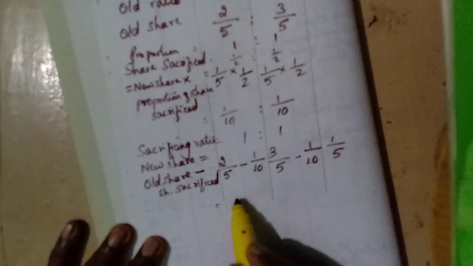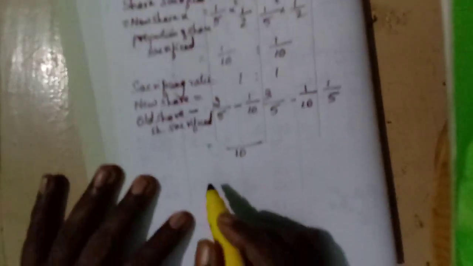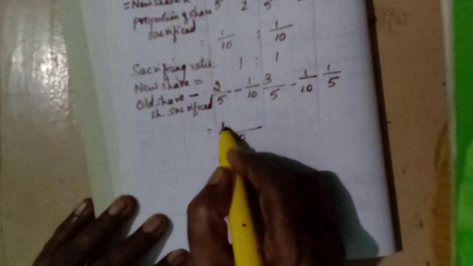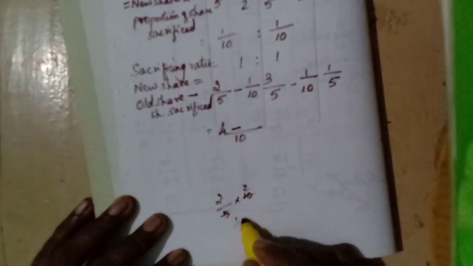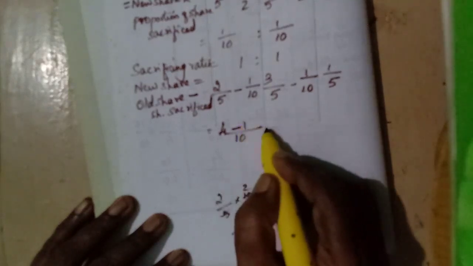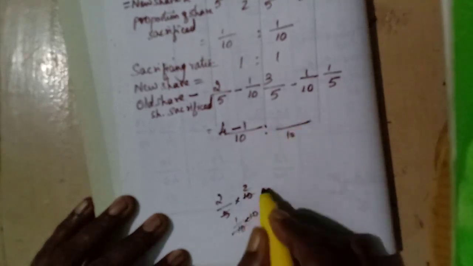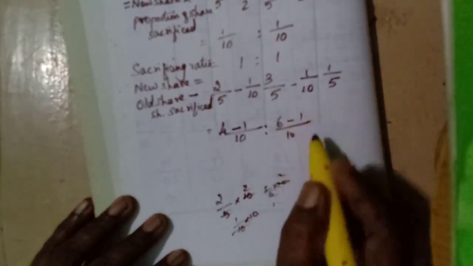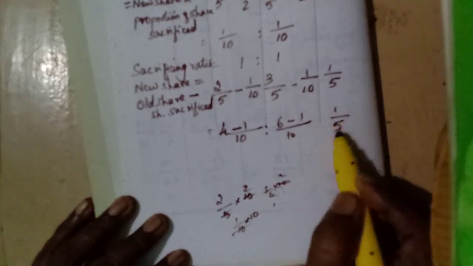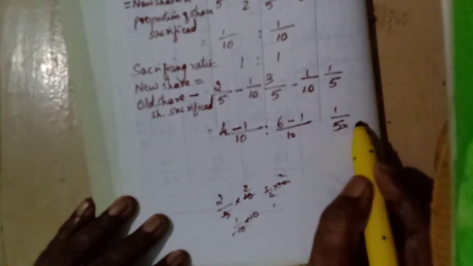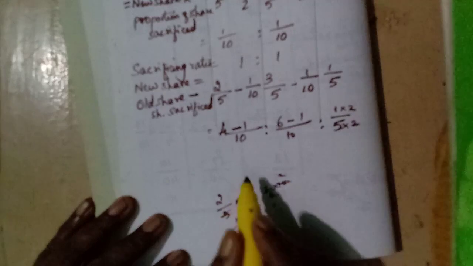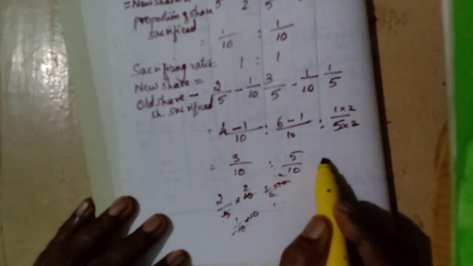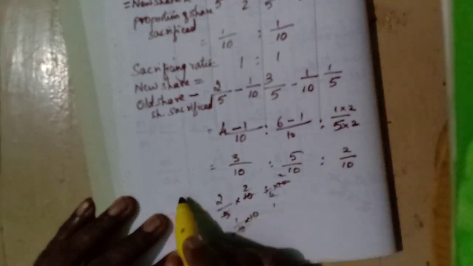Here LCM 10. 2 by 5 into 10, 2 into 2, 4, minus 1 by 10, 1, so 3 by 10. Then 3 by 5, we need to make this LCM 10, so 5 into 2, 1 into 2, 6 minus 1, 5 by 10. Then 2 by 10. Now the new ratio.